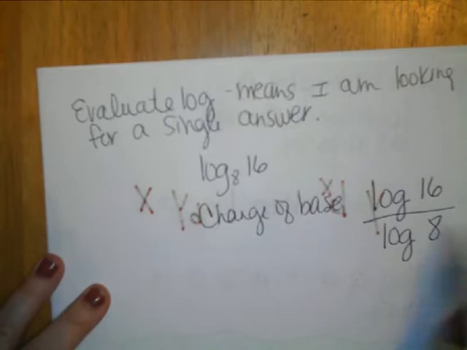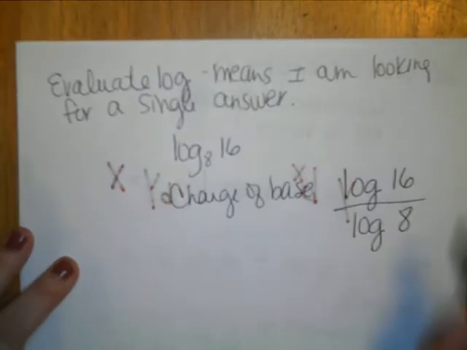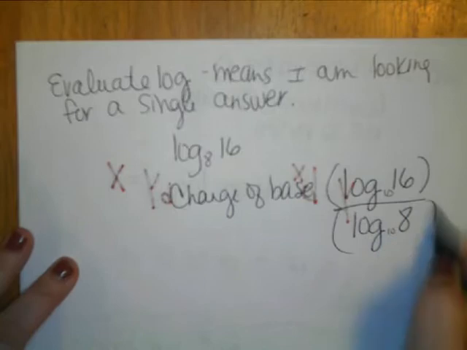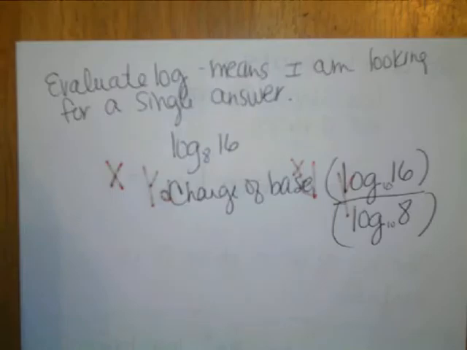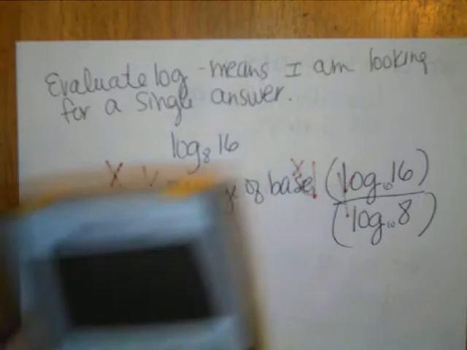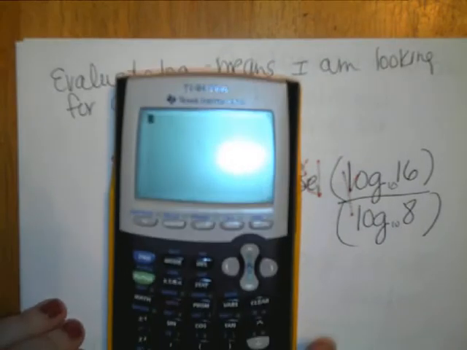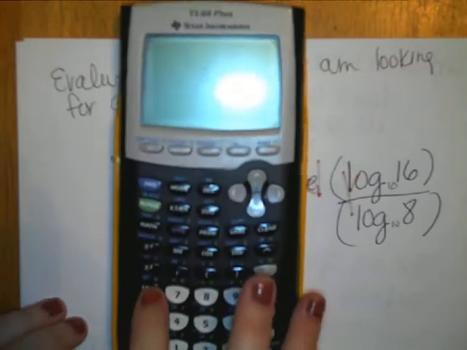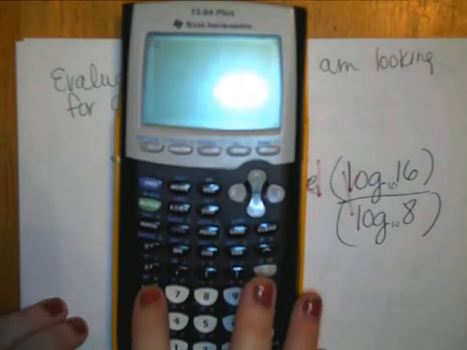Now here's the deal. Do you notice I didn't put a 10 here? That's because if it's base 10, it's an understood base 10. I don't have to put it. When you put this in your calculator, make sure you're putting parentheses. So if I got my graphing calculator out, your calculator is going to assume it's base 10. The log key is right here by the 7.